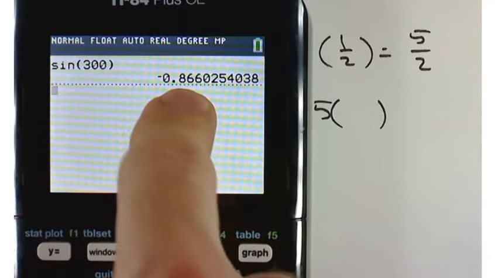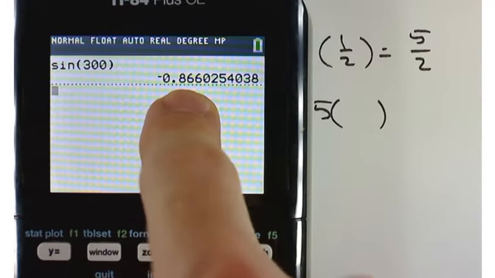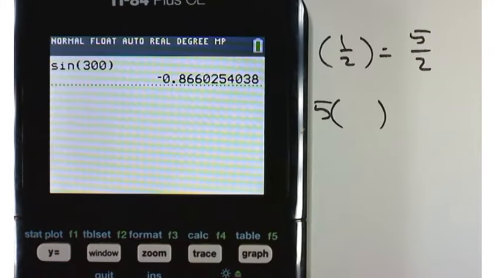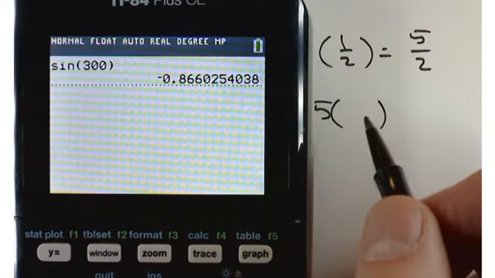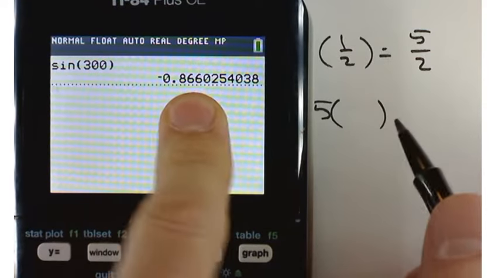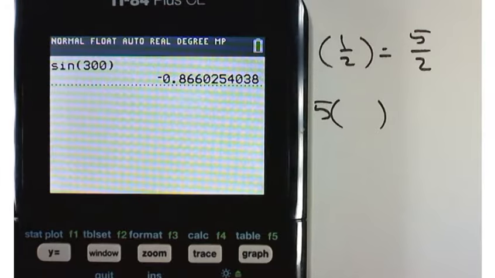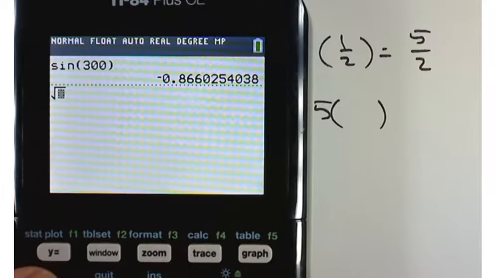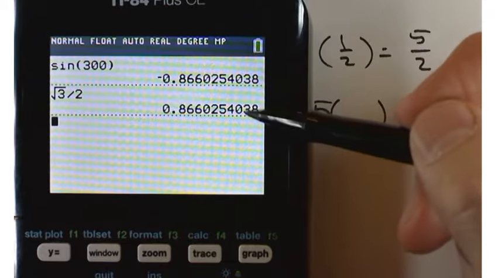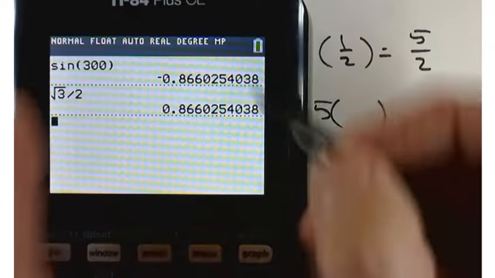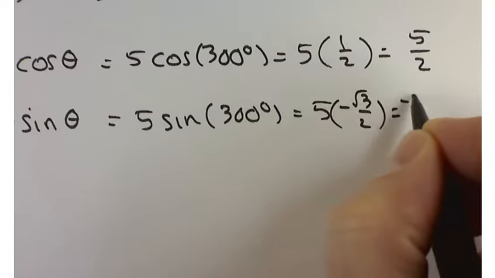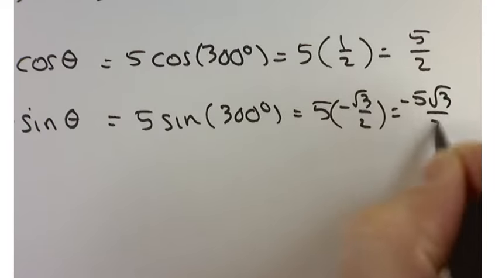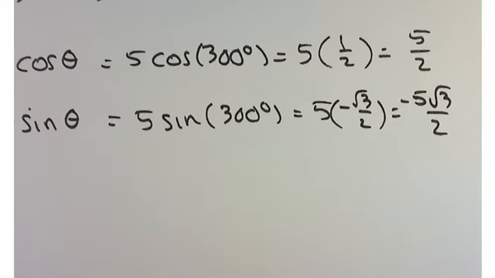You may not get the nice expression with radicals, but maybe you remember something I suggested at the beginning of the course, and that is the decimal value of some of these expressions, like the square root of 3 over 2 is 0.866. So what that's telling you is that this is negative 5 square root of 3 over 2 for your y coordinate.